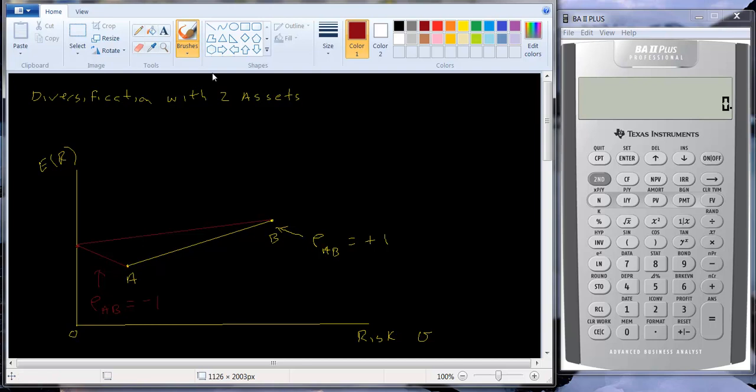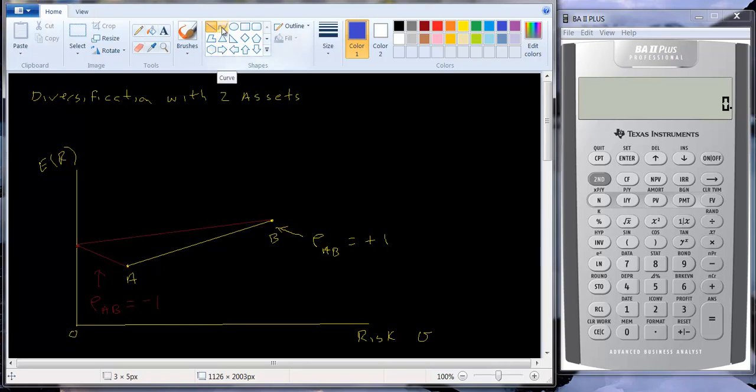All right, most cases are going to be in between. Let's see if we can draw one of those in here. Let me go back to drawing a line, and let me pick, what's a good color? Blue. Oh, wait a minute. I don't want to do that. I want to undo that.